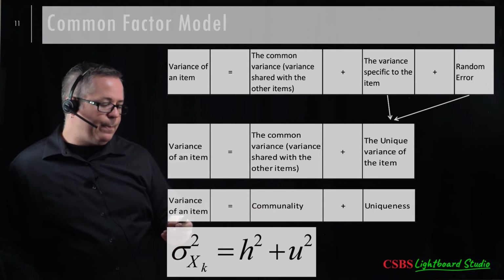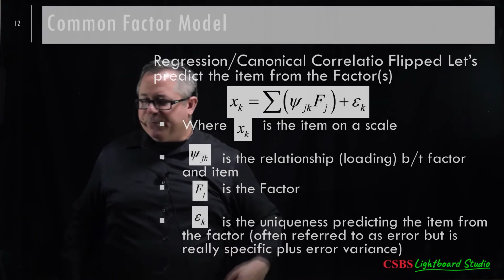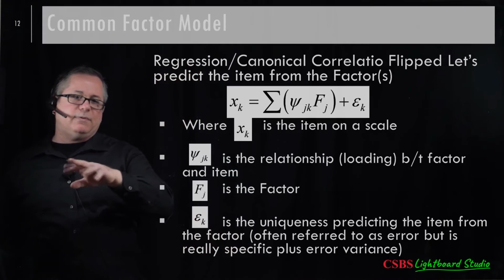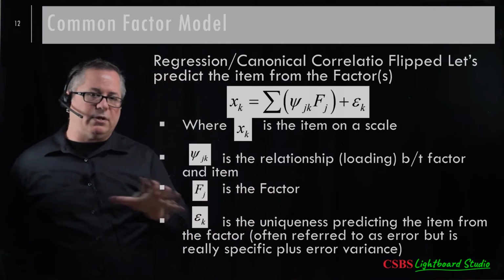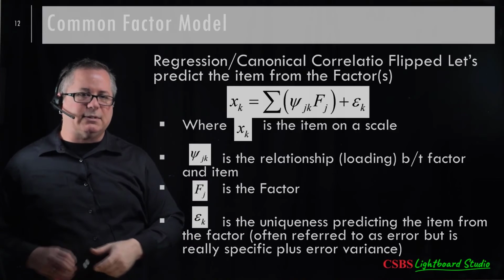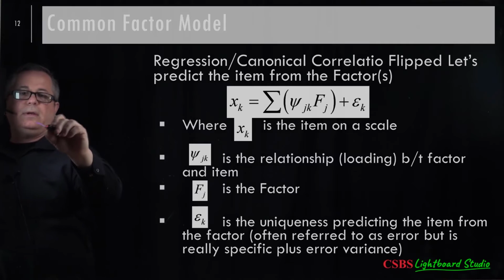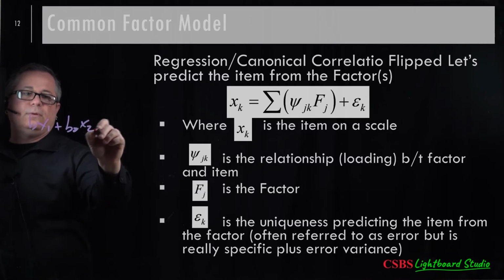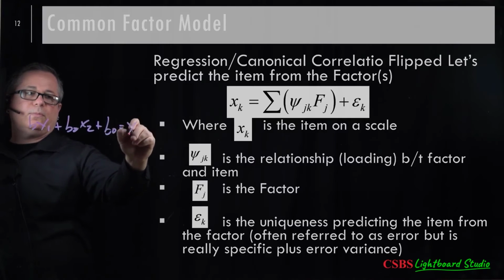Okay? So we're used to taking predictors like multiple x's, like individual items, and trying to predict some outcome with it. So when we think about composites, we usually think about composites in a way that's something like b1 x1 plus b2 x2, plus some intercept value, equals some y predicted.